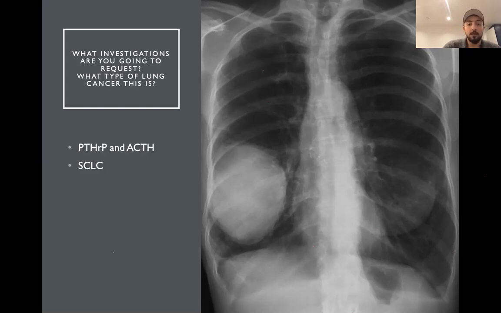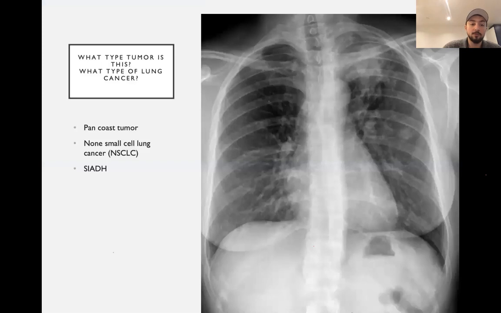Nice. To not confuse the two, try to remember that small cell lung cancer causes hypercalcemia and Cushing syndrome, whereas non-small cell lung cancer causes SIADH, which is basically releasing a protein similar to ADH, antidiuretic hormone.